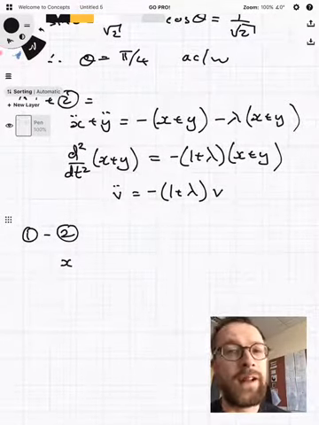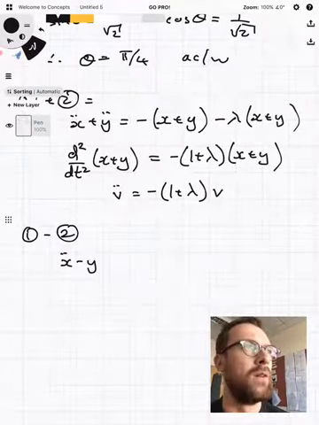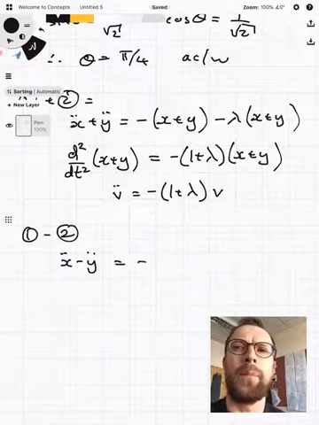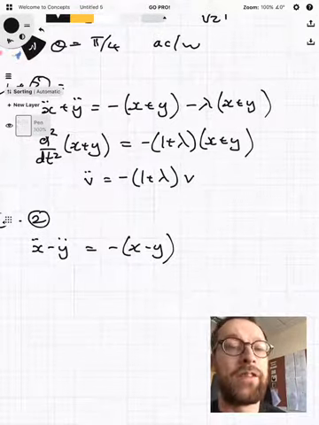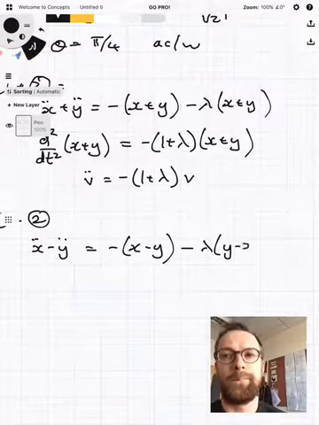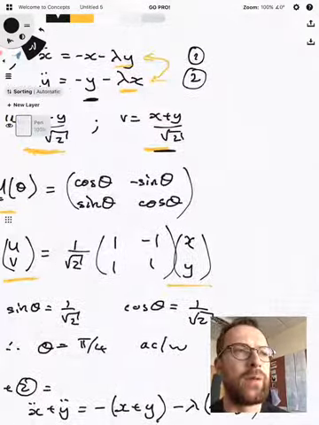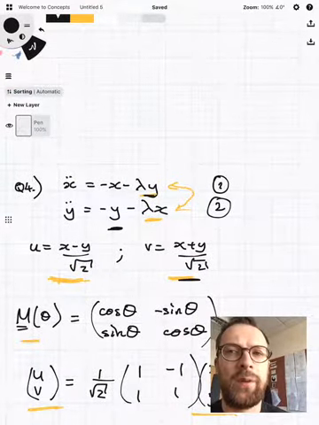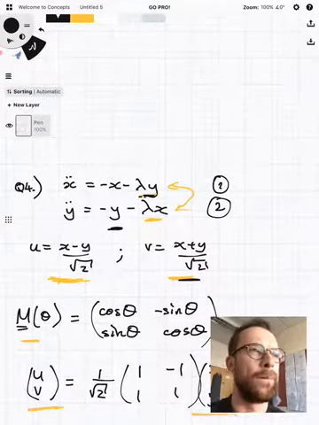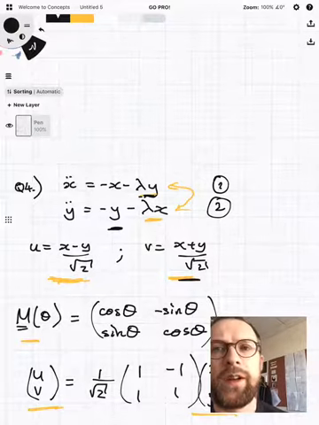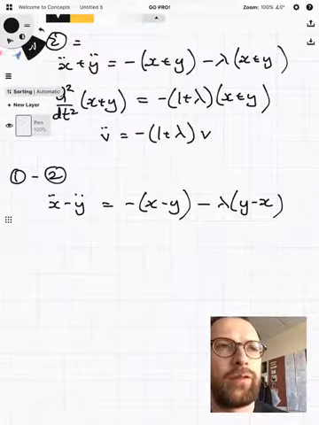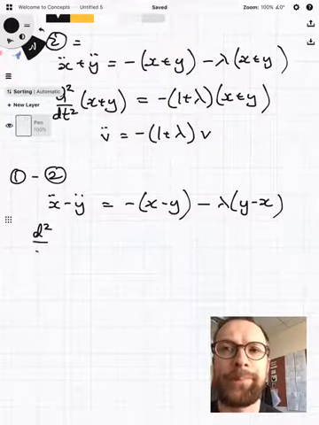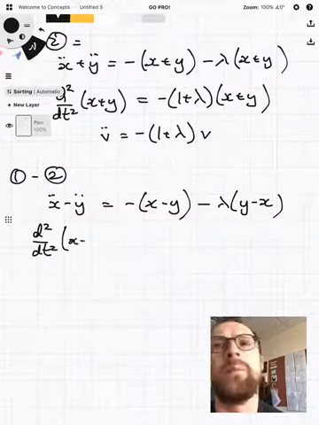Then, instead of adding the equations, we can subtract them. If we subtract them, then we can write everything on the left and right hand side in terms of x minus y. And I think this was really the quickest way of rewriting these 2 equations in terms of u and v. Just recognise that to get the left-hand side in terms of u and v, you add and subtract the equations, and then everything else just falls out.